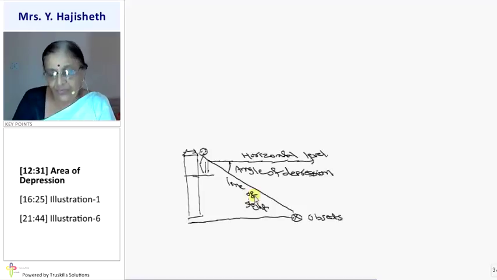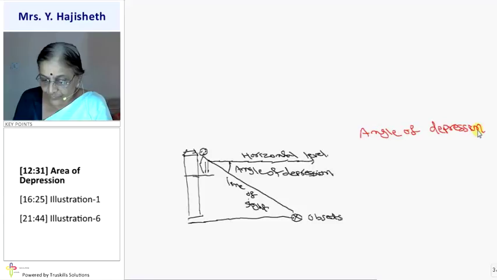Now see what is the angle of depression. Can you define now angle of depression? Angle of elevation I have defined. So now angle of depression you can define. Same language. फर्क क्या है देखो.